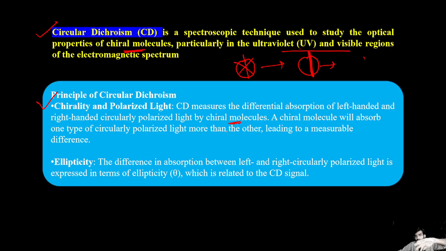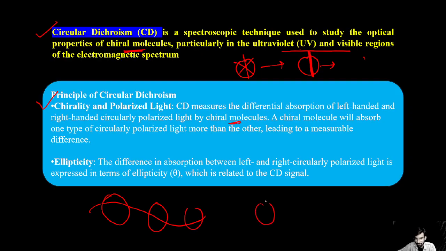So if you know circular polarization, suppose you can just imagine this is one circular polarization, and another circular polarization is like that. This is suppose left, this is suppose right.